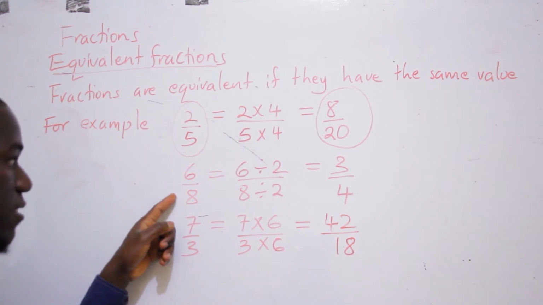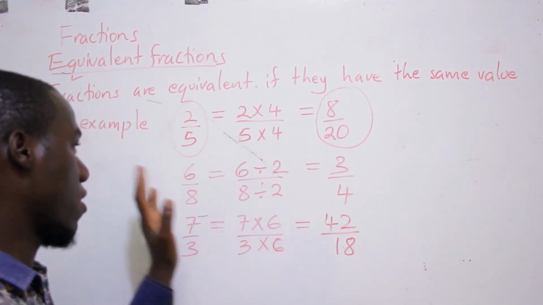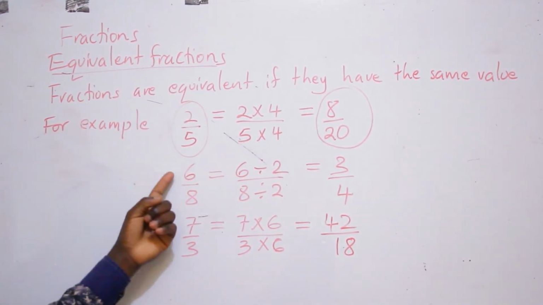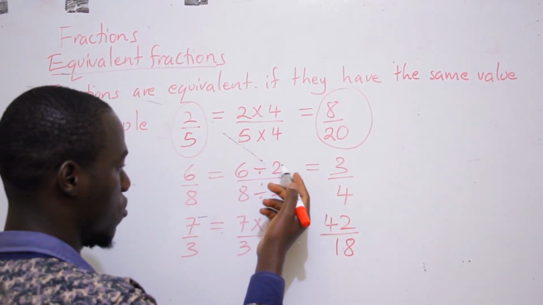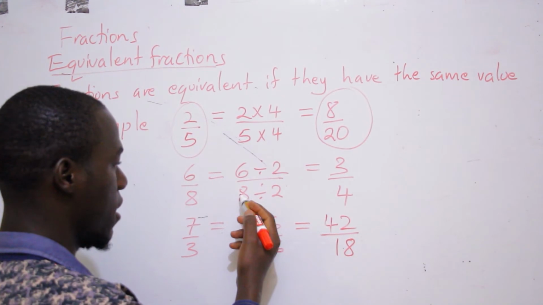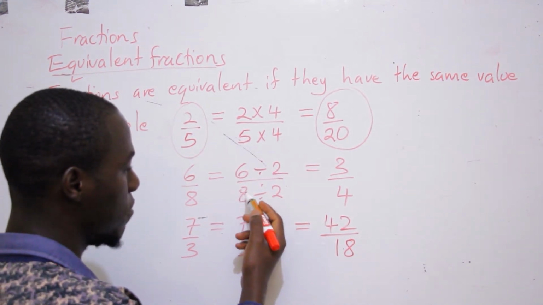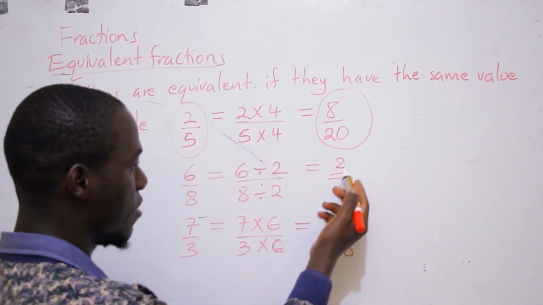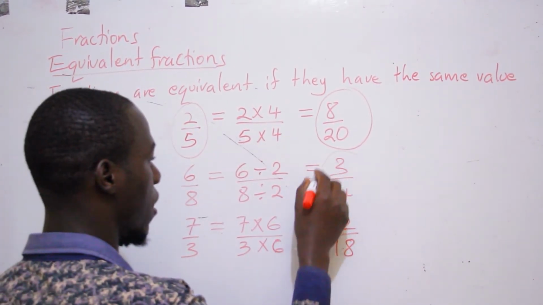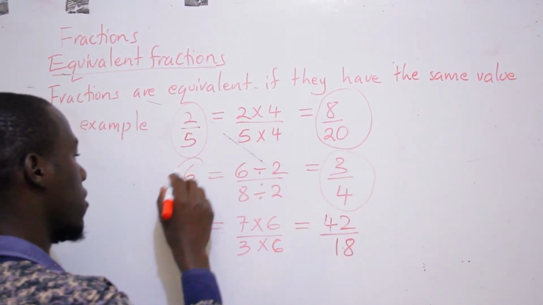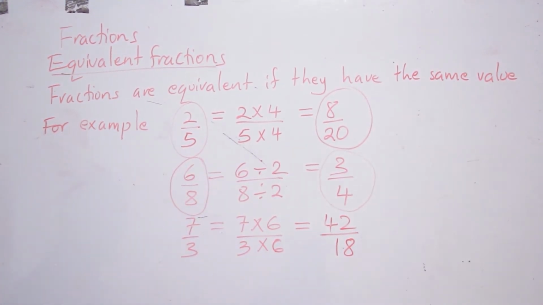6 all over 8, when you try to divide by a common factor between 8 and 6, that is dividing the 6 by 2, the numerator, and dividing 8 by 2, the denominator. So I have 3 all over 4. That means that fraction 3 all over 4 is equivalent to fraction 6 all over 8.